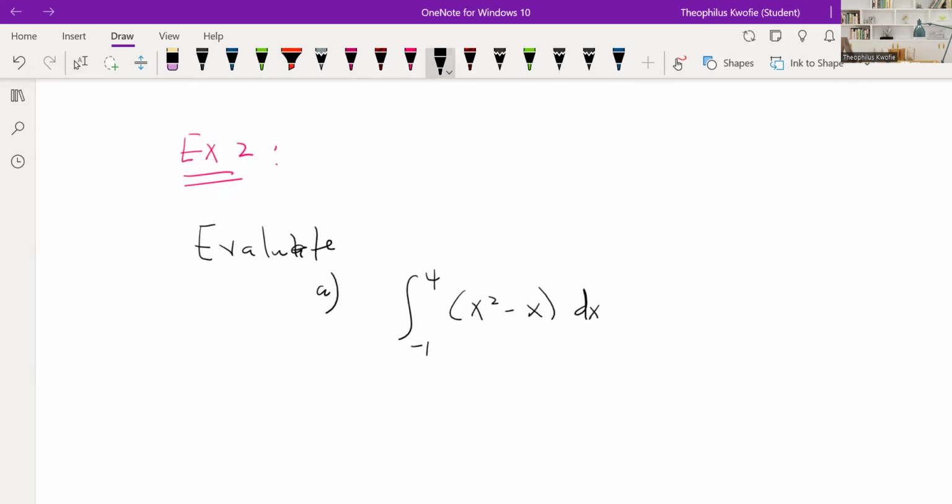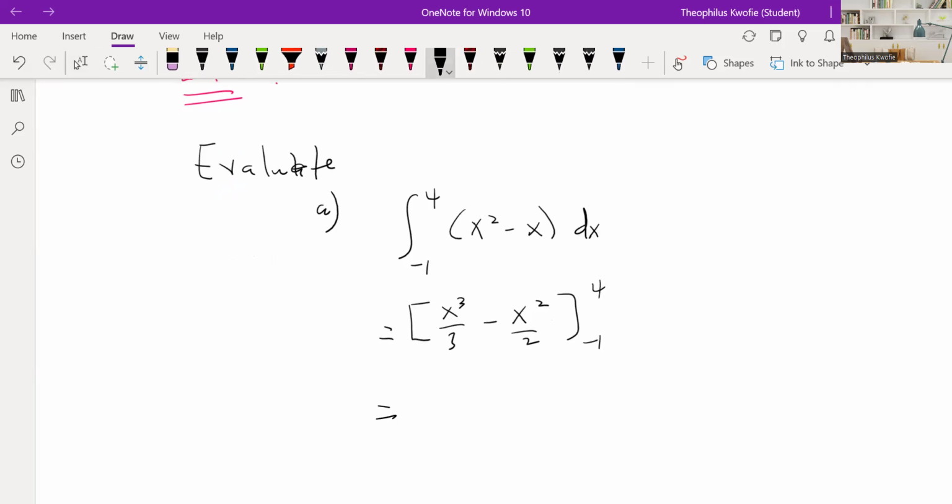So with this one, what do we do? When we find the integral of x squared, that gives us x to the power 3 on 3, and x to the power 2 on 2. Then we evaluate it at the endpoints, okay? So with this one, what should you have?